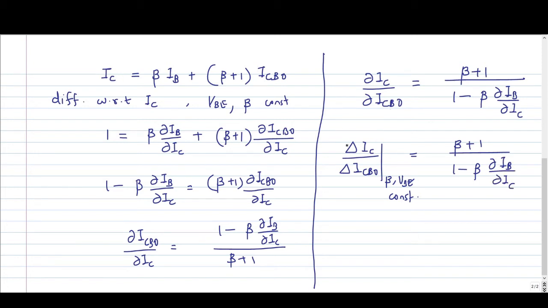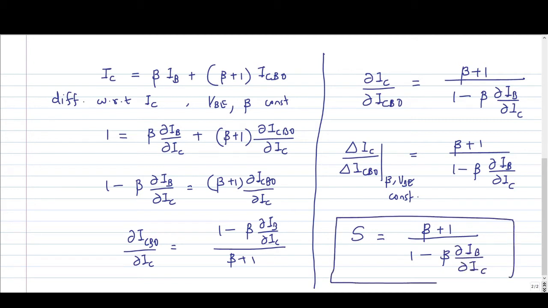Dou IC by dou ICBO is the same as delta IC by delta ICBO for small increments, keeping beta and VBE constant. That is nothing but S, the stability factor. So S is beta plus 1 divided by 1 minus beta into dou IB by dou IC. This is the expression for stability factor.